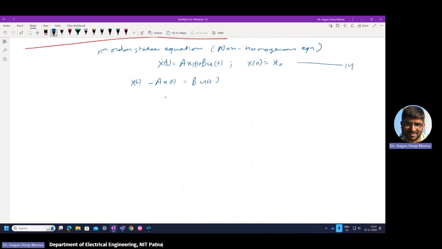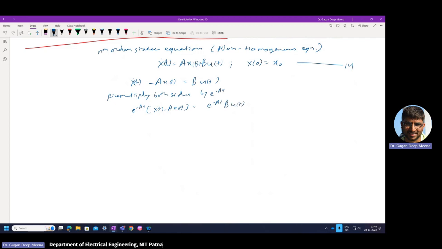Okay, now if we pre-multiply both sides of this equation by e to the power minus At, then we would get e to the power minus At multiplied with x dot t minus A x t equals e to the power minus At B u t.